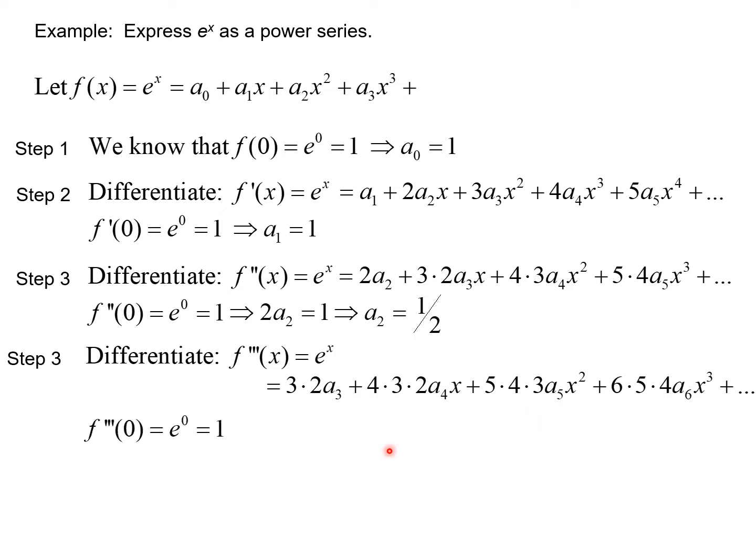And then next step, again, you substitute x as 0 into f triple prime, and you will actually get 1 again. So therefore, you can solve your a3. So a3 comparatively, it should be 6 times a3 equals 1. So therefore, you will get 1 over 6.